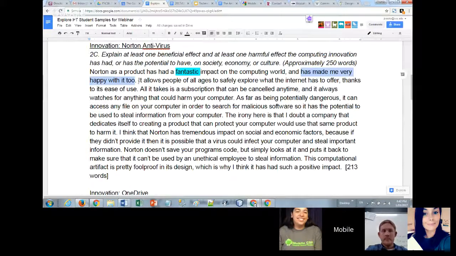And so students, I see them also having trouble writing specific examples that really illustrate their points about the beneficial and harmful effects. So going back to vague wording choices and vague ideas, if they can offer those specific connections, I think that helps improve it. So safely explore what the internet has to offer. Well, why, how does it make it safe?